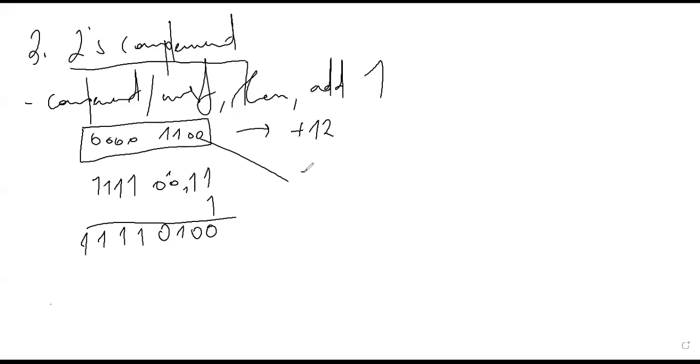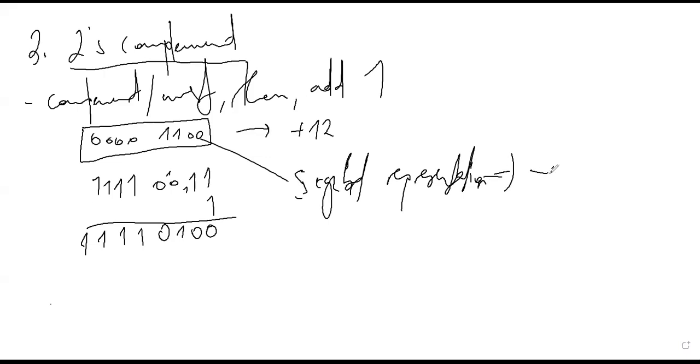If I'm using sign bit representation, this is a negative 12 because the sign is the first number. But if I'm not using sign bit, with a normal binary number, that is a positive 12.